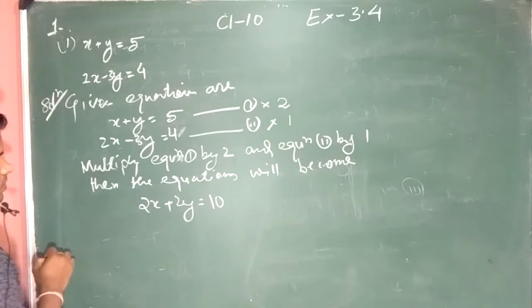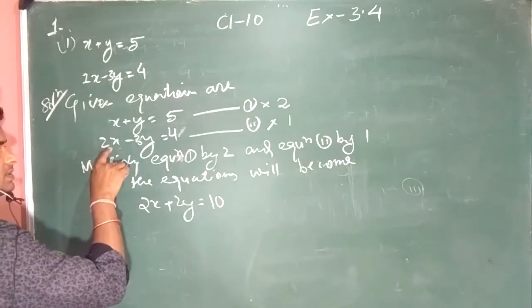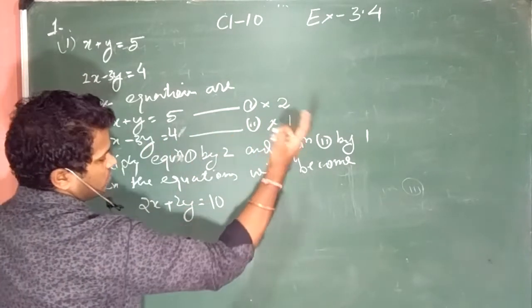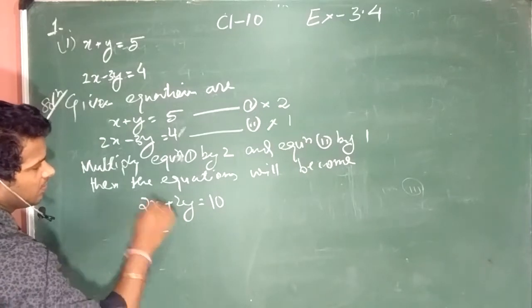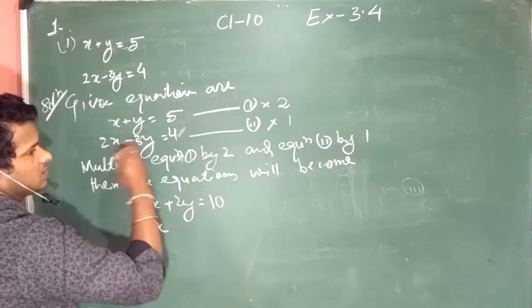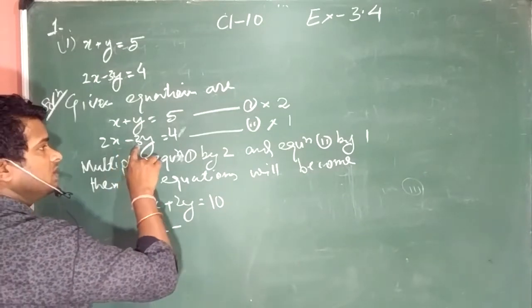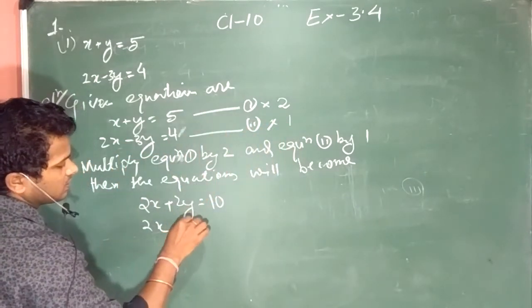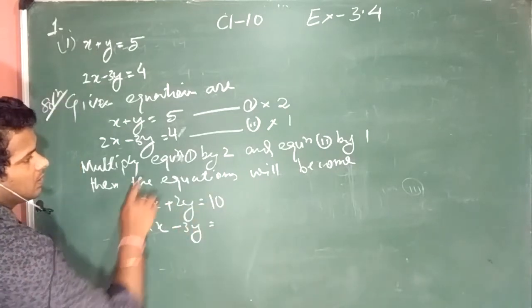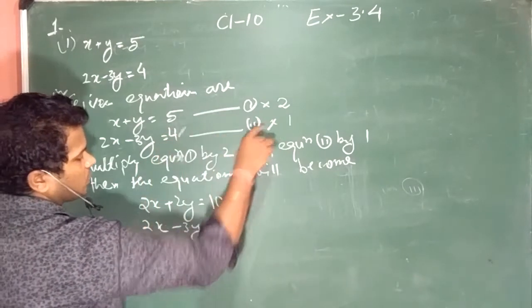Similarly we will do for this one also. 2x into 1, so it is 2x only, because 2 into 1 is 2, x into 1 is x. Minus 3y into 1, so 3y. Now this is 4, 4 into 1 is 4.